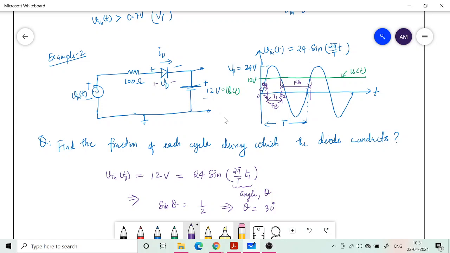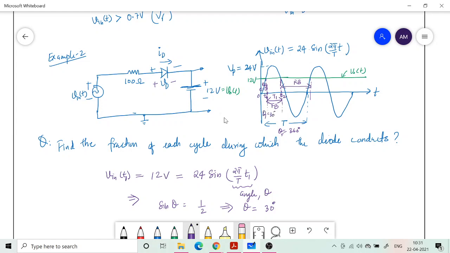We are interested in what is the fraction of forward bias with respect to the entire cycle. Total T corresponds to theta total of 360 degree. So if you can find out the angle for which it is on, that is this period where it is forward bias. We found out one point, which corresponds to theta 1 equal to 30 degree.